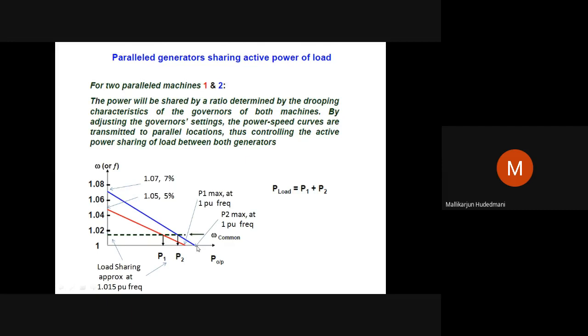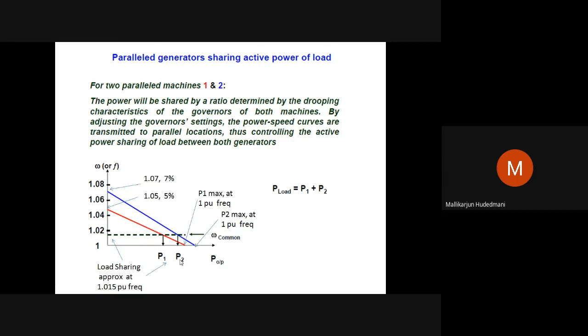Now, I have one more interesting point here. You can see a horizontal dotted line put on this curve, which intersects the red and blue curves, pointing down to P1 and P2. What does it indicate?